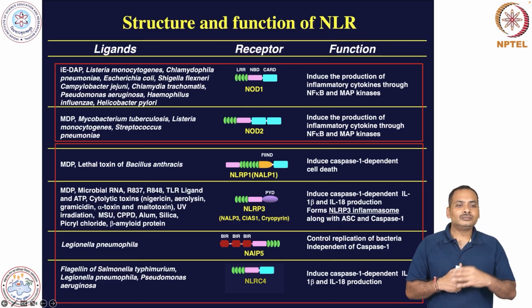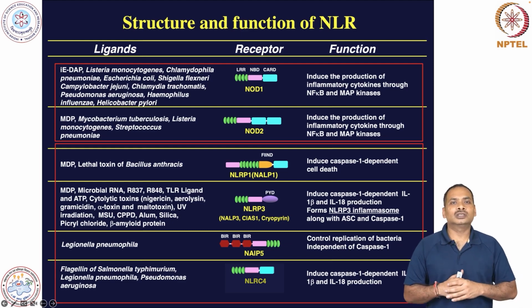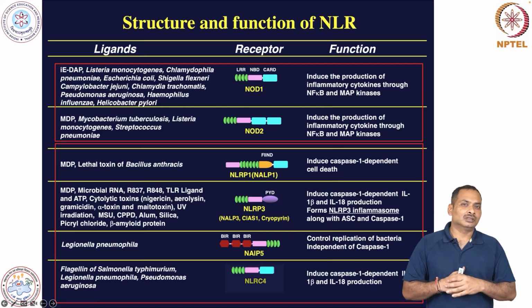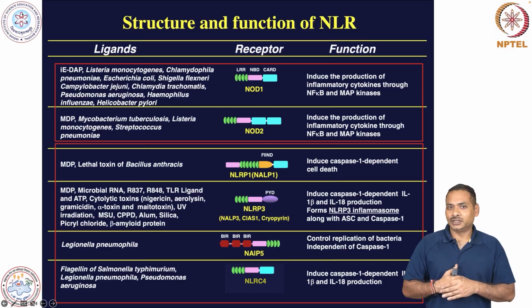So MSU is one of the factors responsible for the pathogenesis of gout, and another is CPPD, calcium pyrophosphate dihydrate. This is also produced in our body.